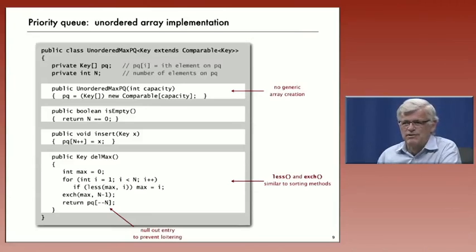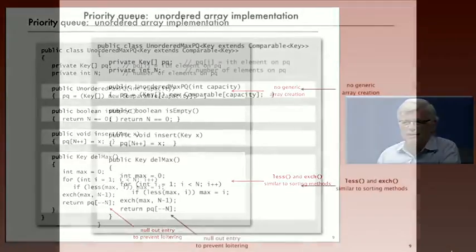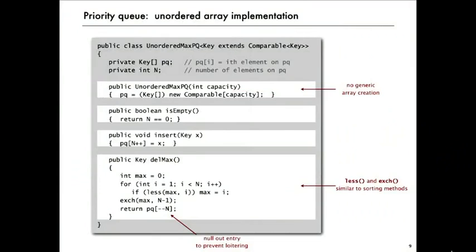Not much code involved. This is an unordered array implementation of priority queues, and it's quite straightforward. This is the cheat version where we require the client to provide a capacity, but we could easily change this to a resizing array.